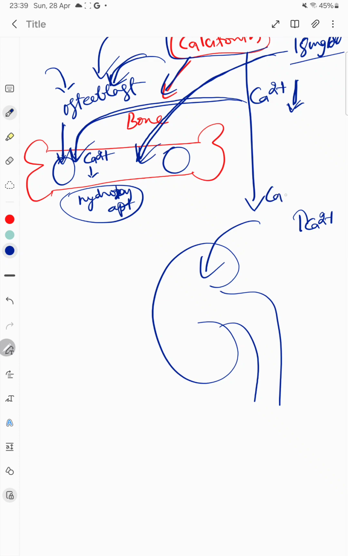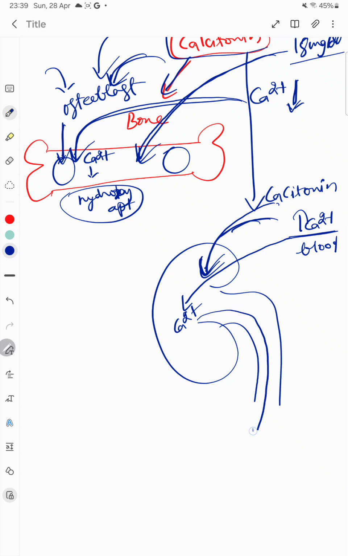So what does calcitonin do to the kidney? Calcitonin increases the excretion of excess calcium, already excess calcium in the blood, right? So this excess calcium, by the action of calcitonin on the kidney, enters into the kidney first, and from here this calcium will be excreted out from the kidney into the urine.